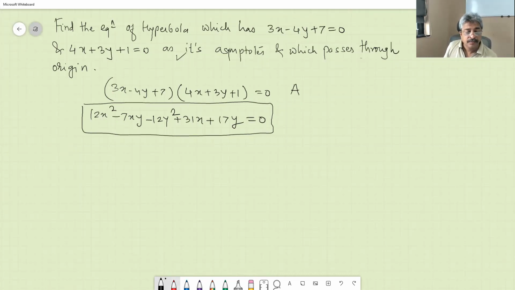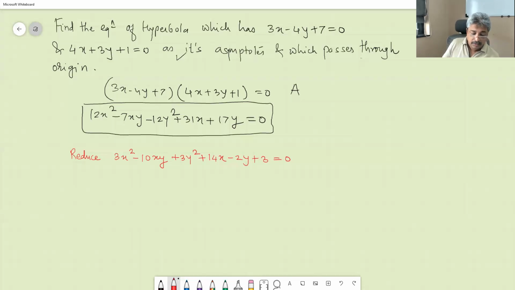Reduce the equation 3x square minus 10xy plus 3y square plus 14x minus 2y plus 3 is equal to 0 and find all the details: eccentricity, latus rectum, center, equation, and length of axis.